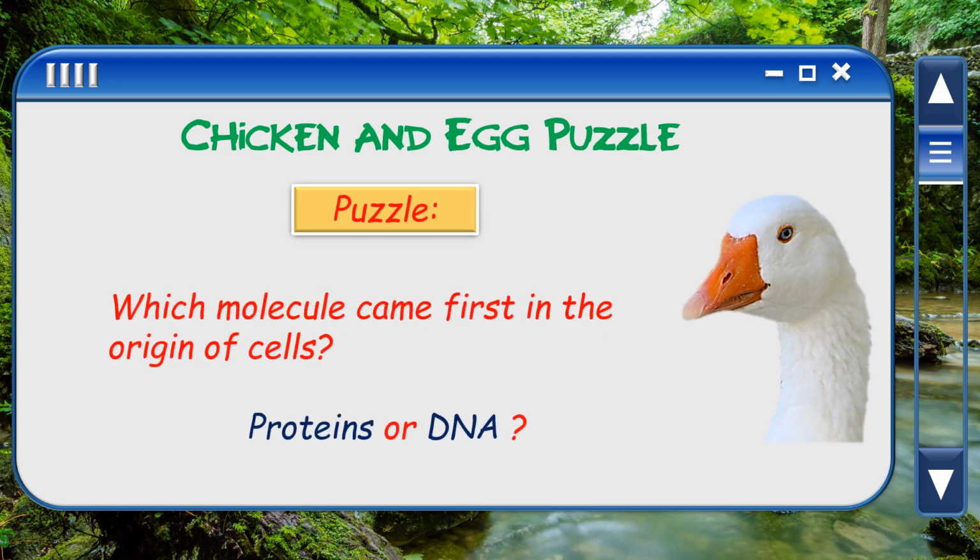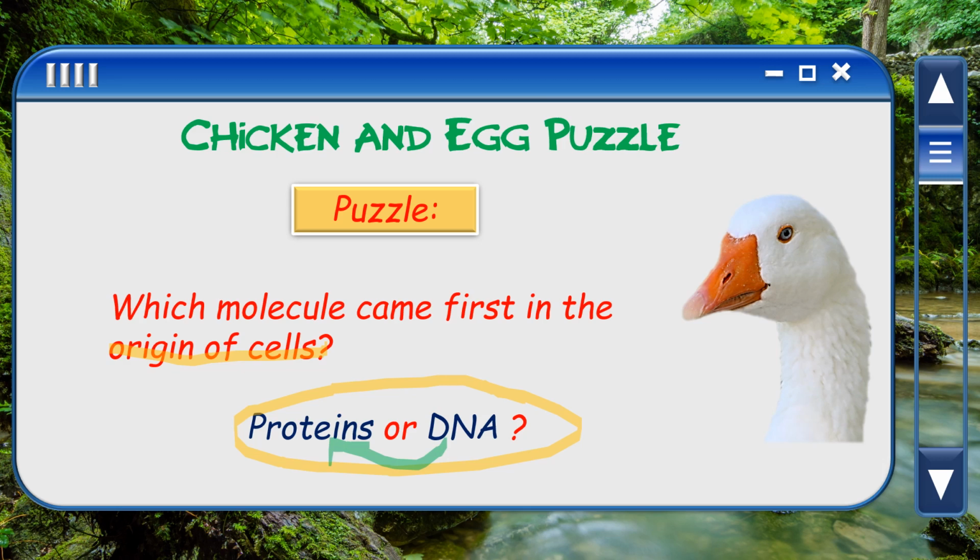So, proteins and DNA, which of those molecules came first in the origin of the cell? Which one comes first? Protein is going to help the replication of DNA, and DNA is going to help in the production of proteins.